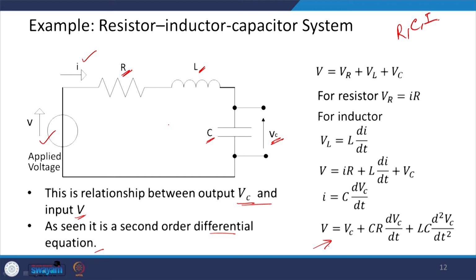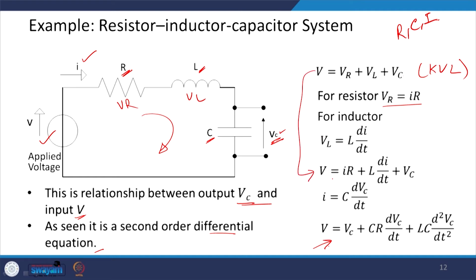If I apply Kirchhoff's voltage law over here, my VR is here, VL is here, Vc is here. So V is VR plus VL plus Vc. VR I can write as IR, and VL is L di by dt. So I can substitute that in this one.